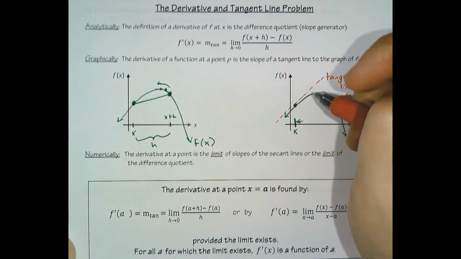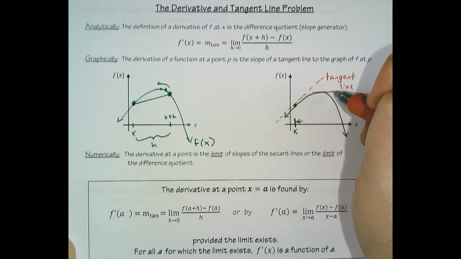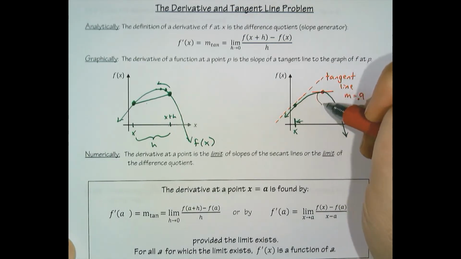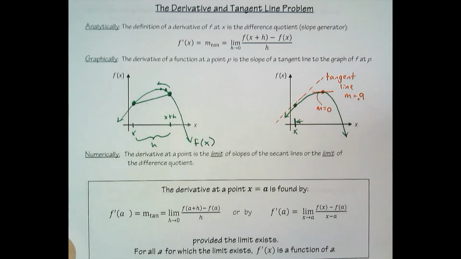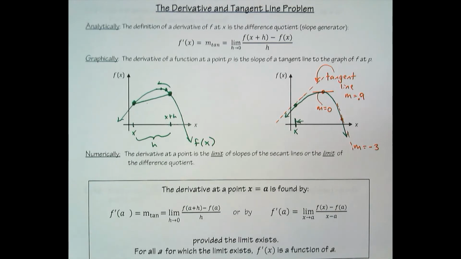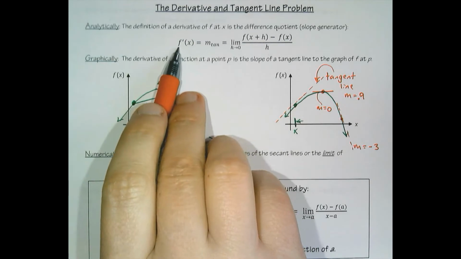Or we could have a tangent line right here, which has a slope of 0, or we could have a tangent line right here, which has a slope of -3, we'll say. And the function that models that slope, 0.9, 0, -3, the function that models the slope is your derivative.